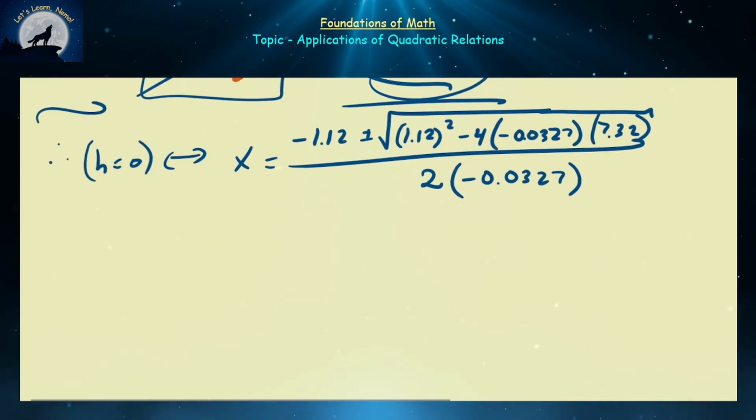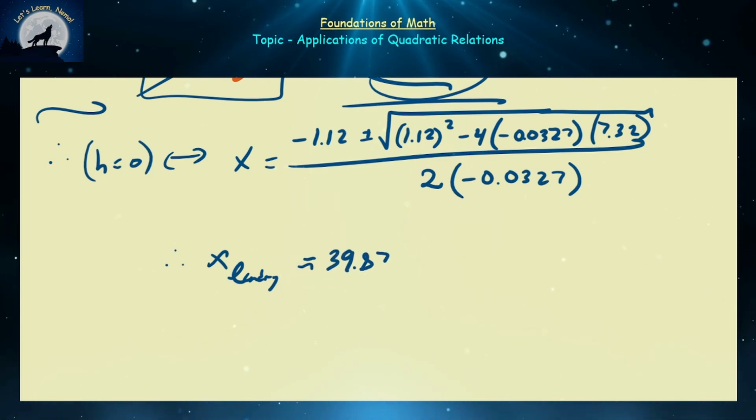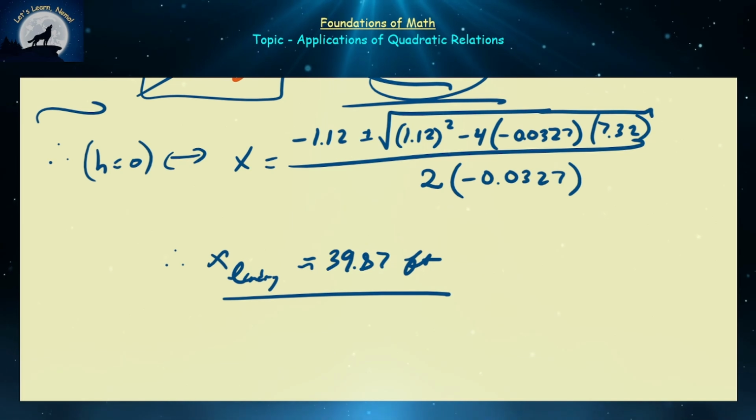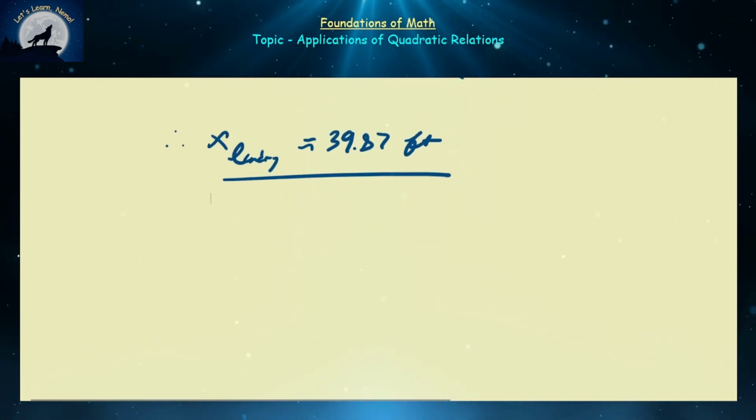So once you actually work out all that fancy and fun math, we're going to have that our x landing position is approximately equal to 39.87 feet. So that's going to be the horizontal displacement of our particular object.